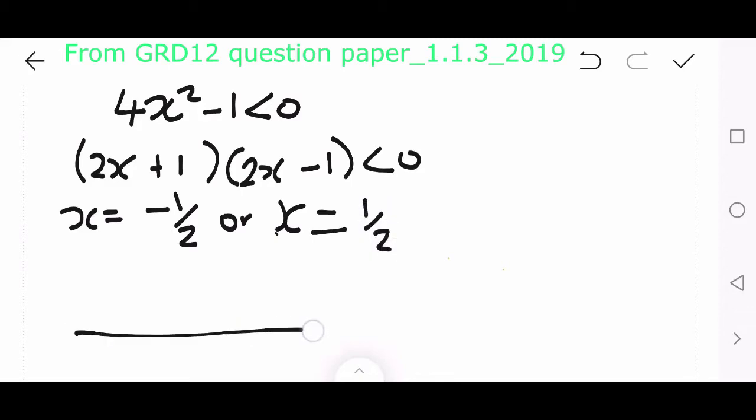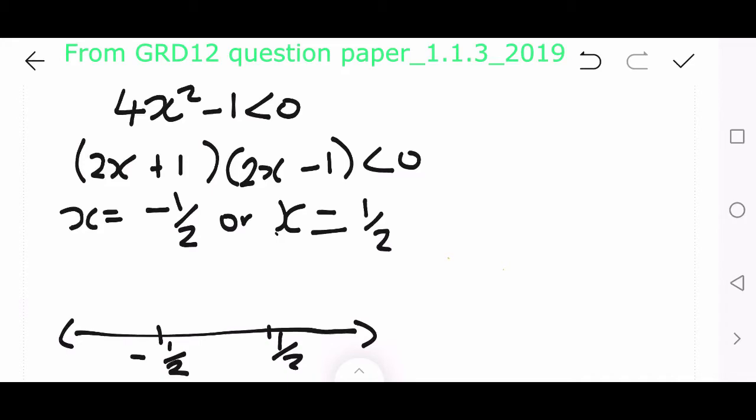So again, we'll need a number line. Minus 1 over 2 and we have 1 over 2.